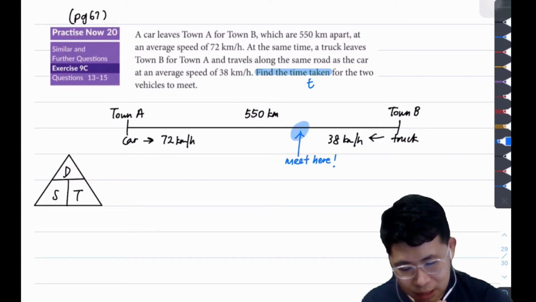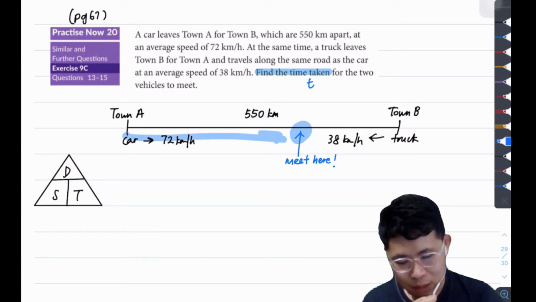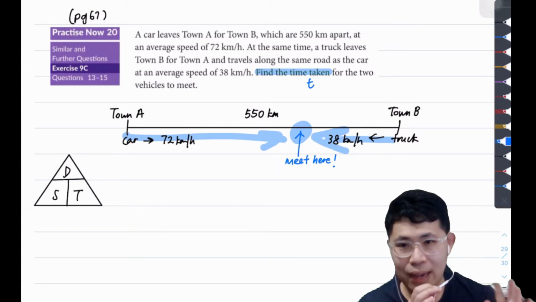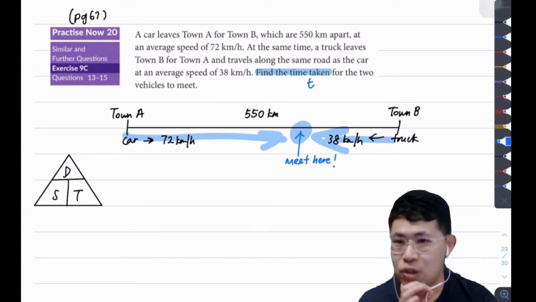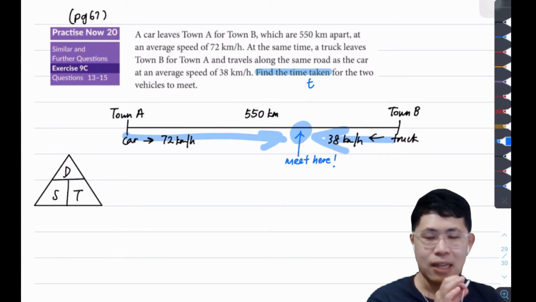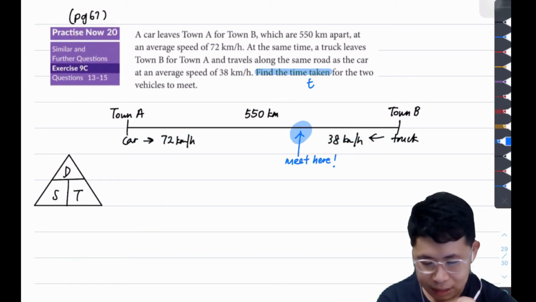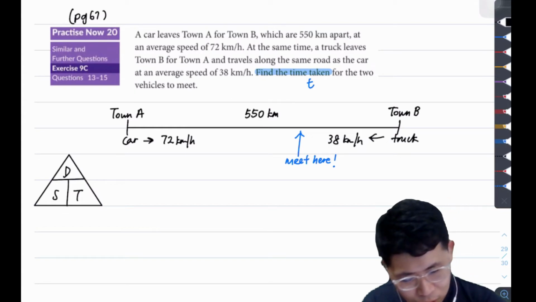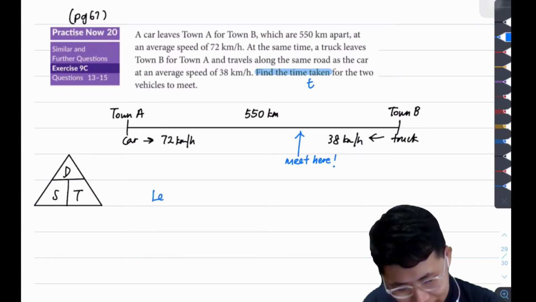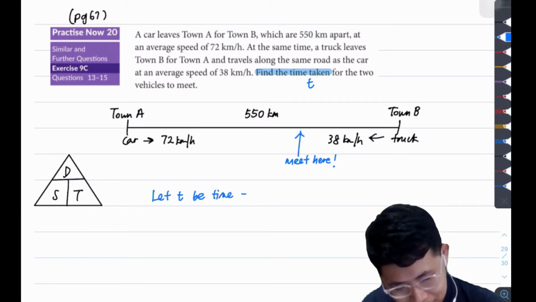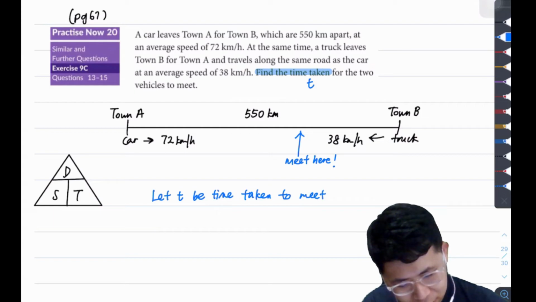So let's put this thinking into action, where we try to form an equation out of it. Let's take a look at the total distance traveled by the car and the truck, 550. Okay, so we let t be the time taken to meet.